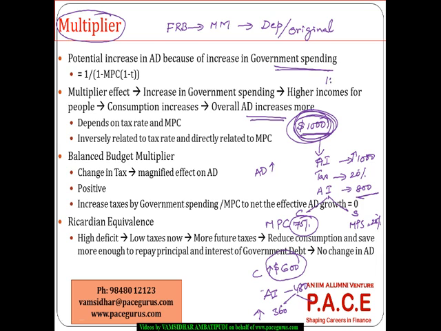Now if I see here, initially it was 1,000, after that it has generated 600, after that it has generated 360. Overall, if I see the calculation, the aggregate demand increase for the 1,000 that is invested by the government is going by 1 minus 0.6.